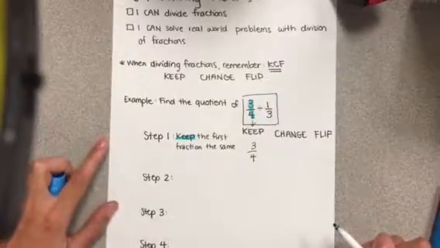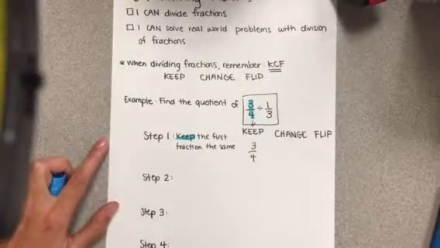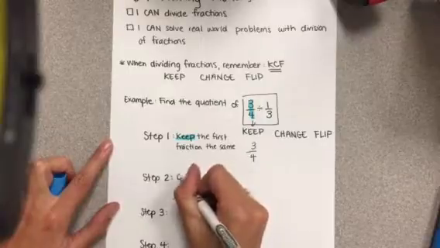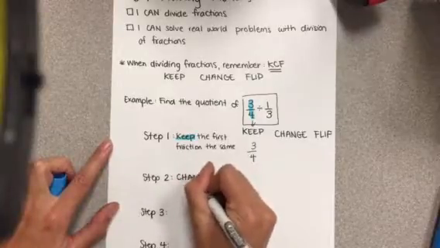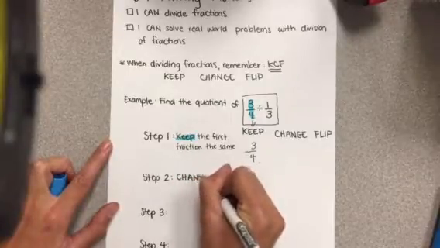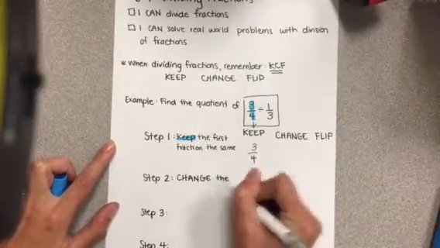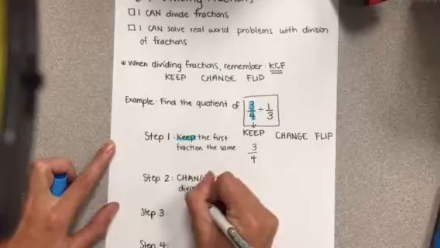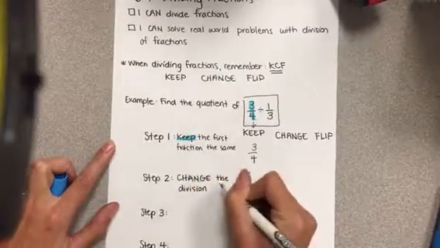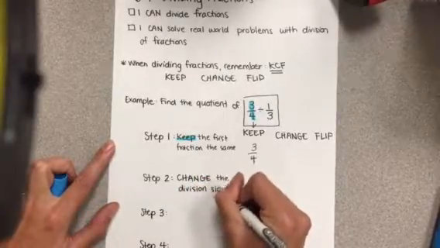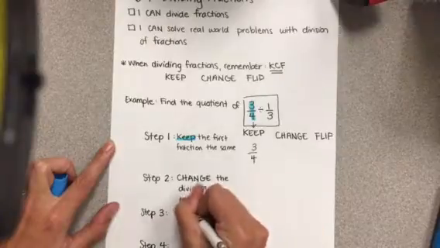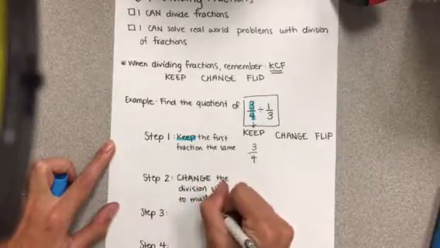And step number two is relating to change. What I want to do here is change the division sign to multiplication.